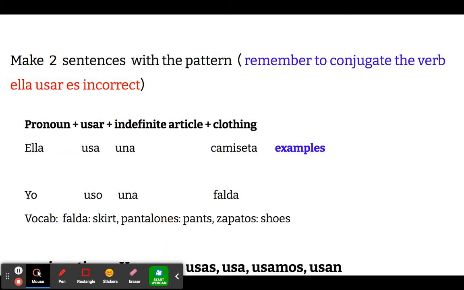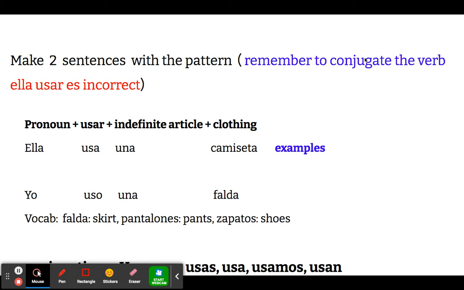We actually went over these. I asked you to make two sentences with the sentence pattern, and I also asked you to make sure you are conjugating the verb when you create the sentences. That's why we are using the pattern with the pronouns, so that every time you make a sentence, you match the pronoun with the conjugation of the verb.